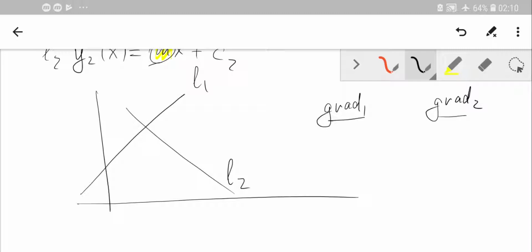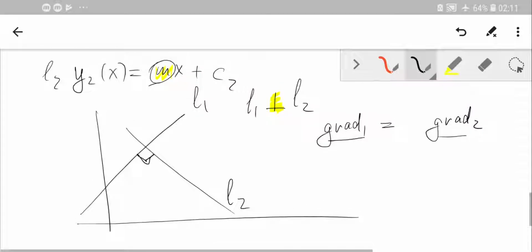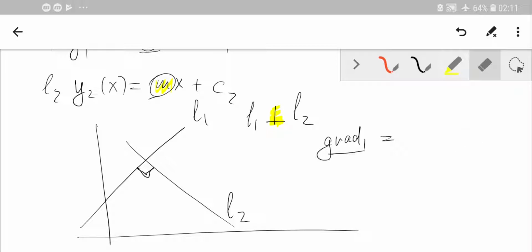So what can we say about them? Typically they have a right angle, so they are perpendicular. You can mark L1 is perpendicular to L2. That symbol means perpendicular for lines or segments. So what can we say about their gradients? Actually they are connected as follows: the gradient of line 1 should be the reciprocal of the gradient of line 2, with a negative sign. Okay?